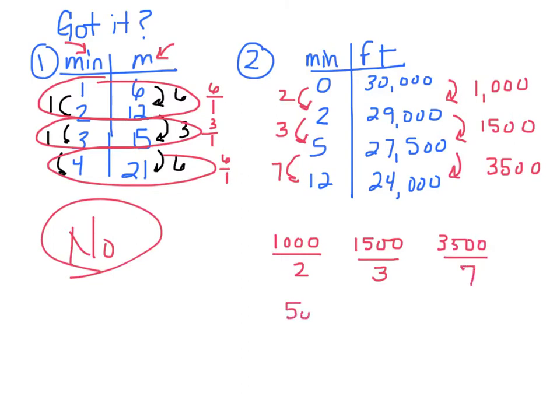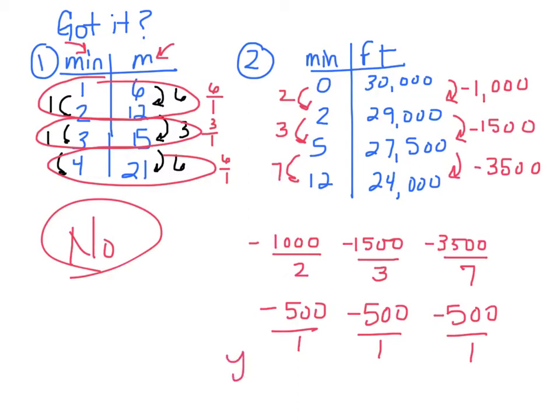If we simplified all of these, we would get the same rate of change, which is 500 divided by 1. Now, 500 divided by 1, really, what do we know? We're decreasing. So we have to make sure these are all negative. So all of these are the same. So is this a constant rate of change?